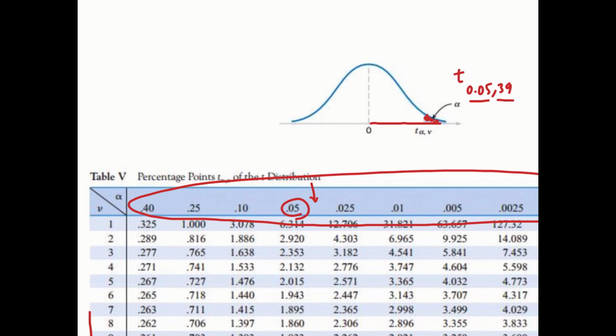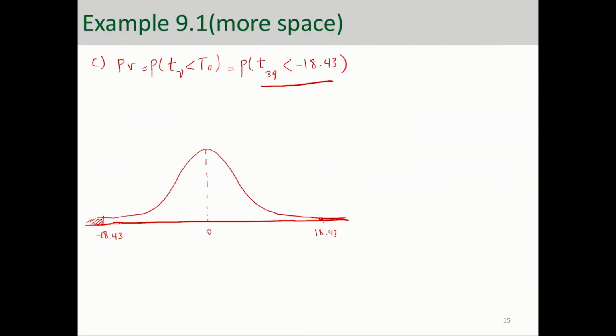So for 18.43 it is much smaller. We can safely say that the probability of t39 greater than 18.43 is virtually equal to 0. Well, a p-value of 0.